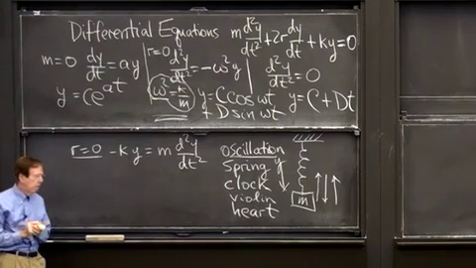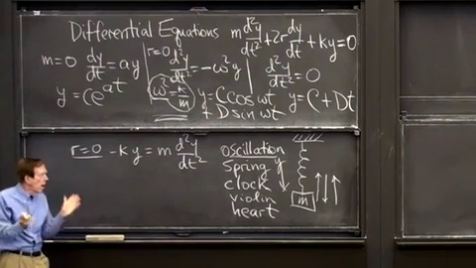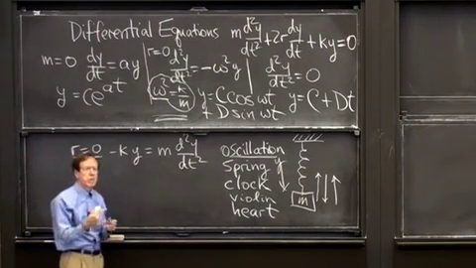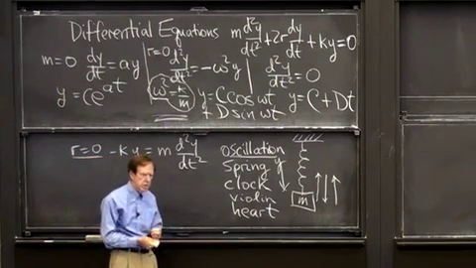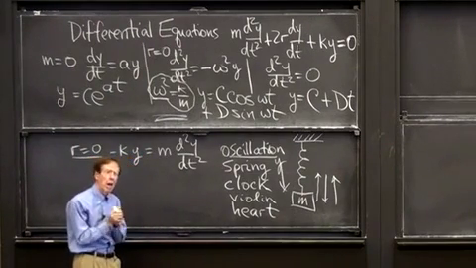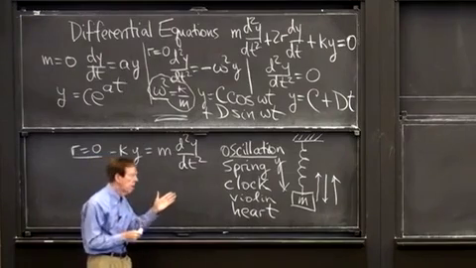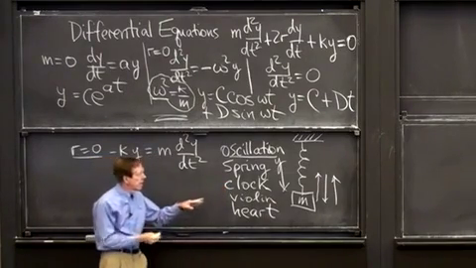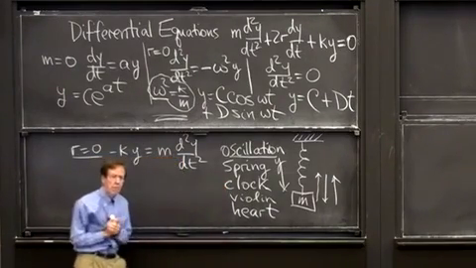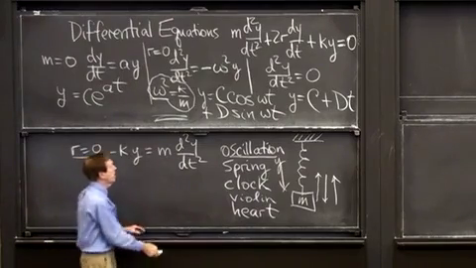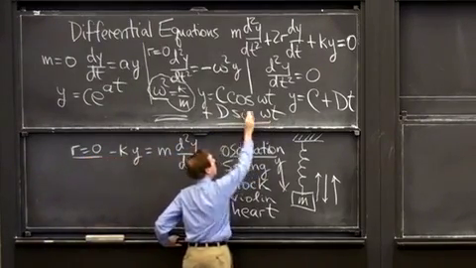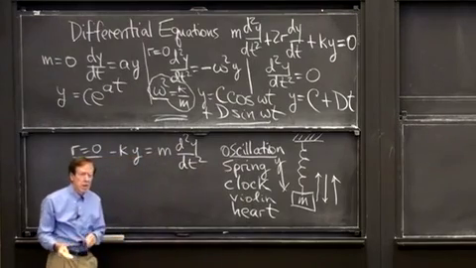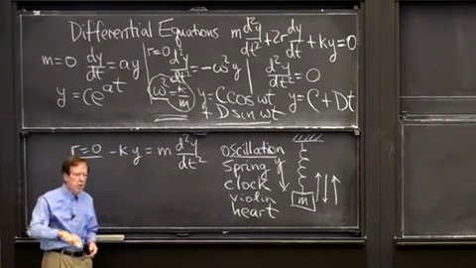R is 0 because r involves resistance. R for resistance, air resistance, damping. And right now I don't have that. I just have a little spring that'll oscillate forever, following sine and cosine. That's exactly what the spring will do.